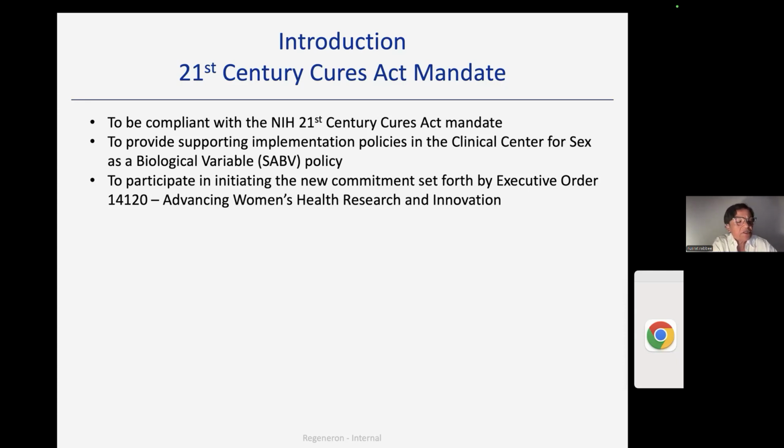Clinical Center is the research hospital. So I was asked to turn this policy mandate into practical statistical guidance. In other words, the act set the vision, and my work provided the framework for how SABV could be implemented in study design and analyses.